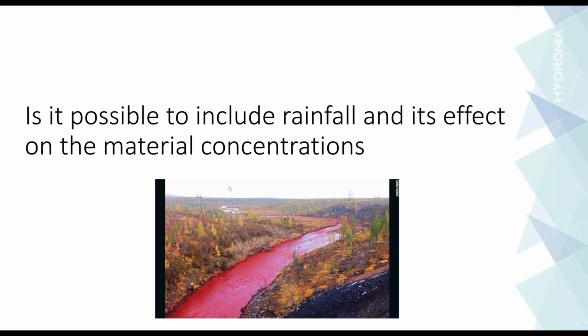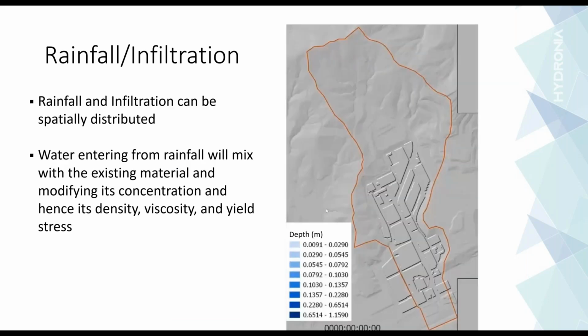Okay, next question is, is it possible to include rainfall and its effects on the material concentrations? Well, yes. The rainfall and infiltration, although infiltration is not so critical in many tailings applications, but you can also include it if you want.